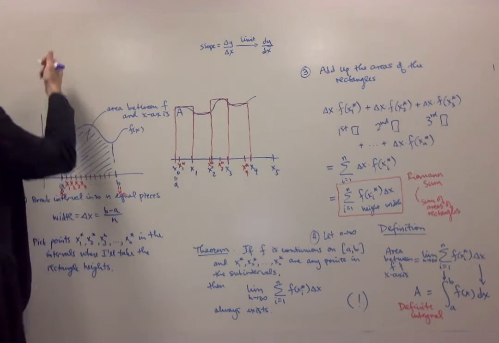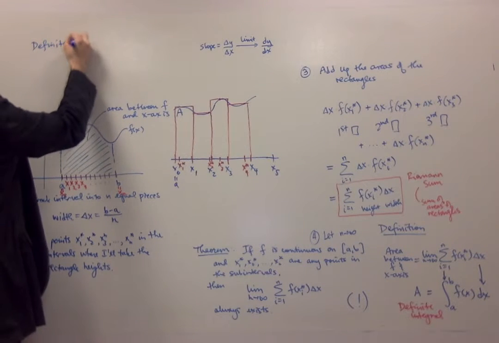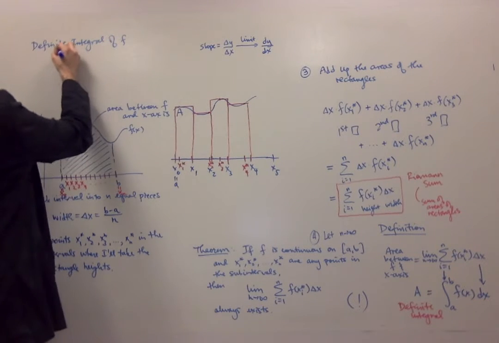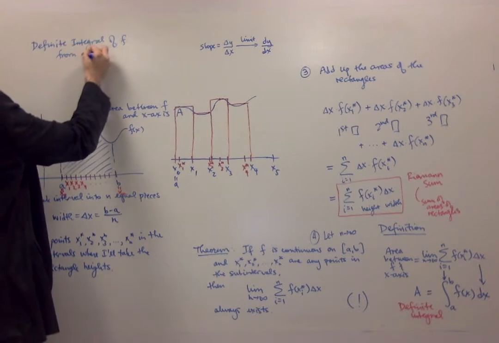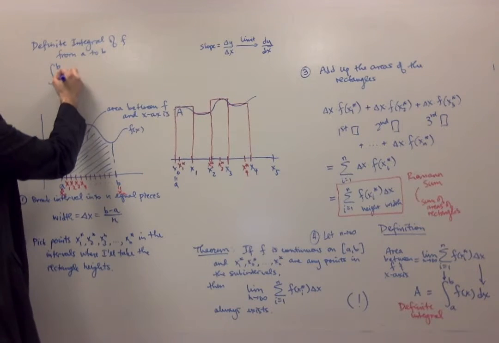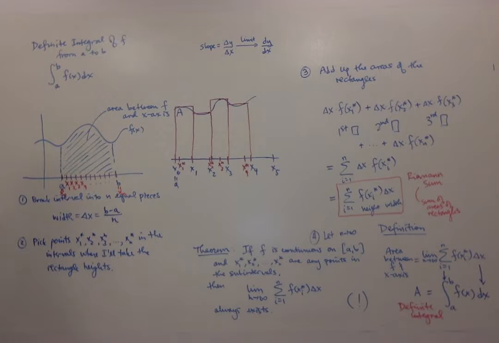So, all right, the definite integral of f from a to b, we notate as the integral, the elongated s, from a to b, of f of x dx. That's how we read this, okay?